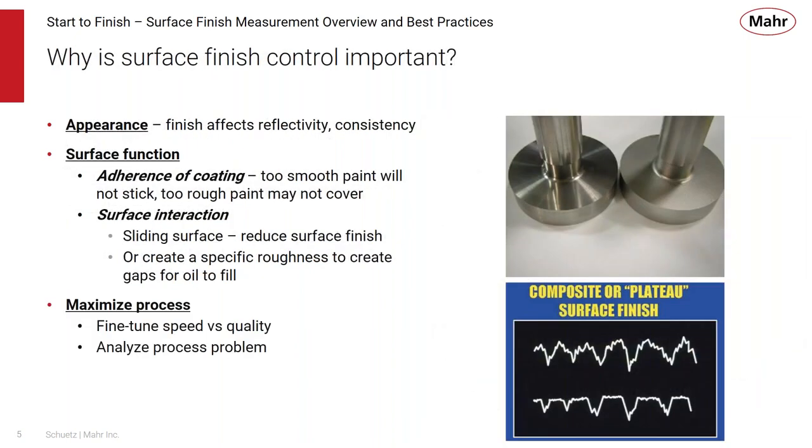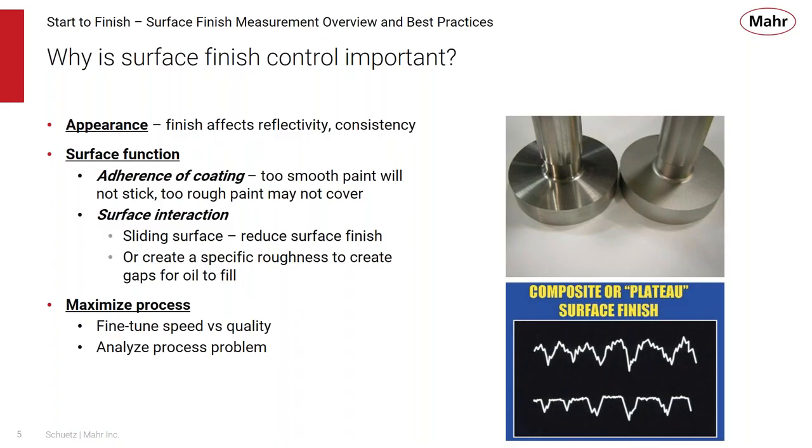So why is surface finish something that's important to control? So here's 3 or 4 examples of where surface finish is something that needs to be controlled. And the first one is appearance. Surface finish really affects reflectivity and consistency of the surface.